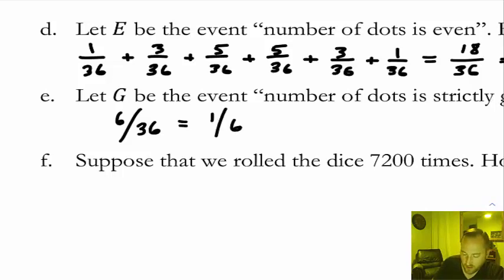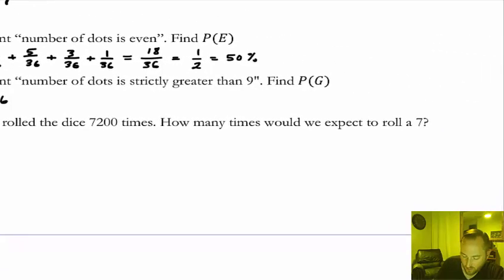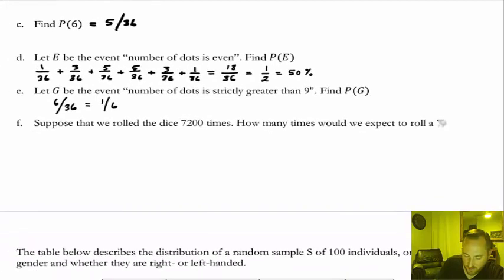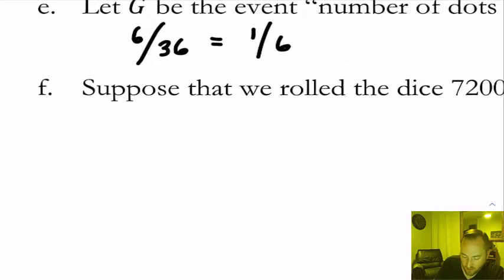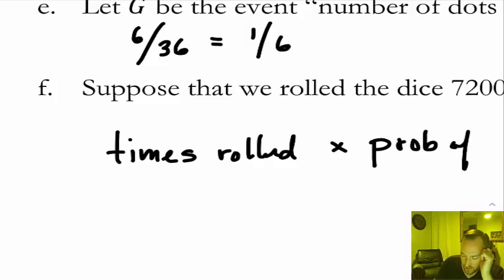The last one here says, suppose that we roll the dice 7,200 times. How many would you expect to roll a 7? Well, that goes along with the concept here, and we'll talk about this later, that the number of times rolled, you want to multiply that times the probability of getting a sum of 7.